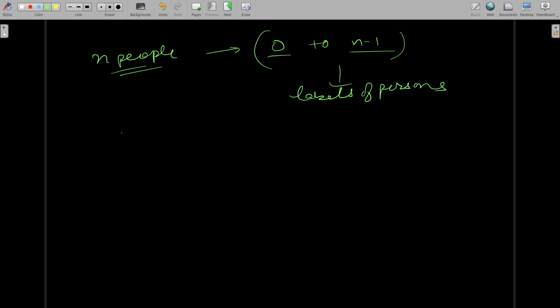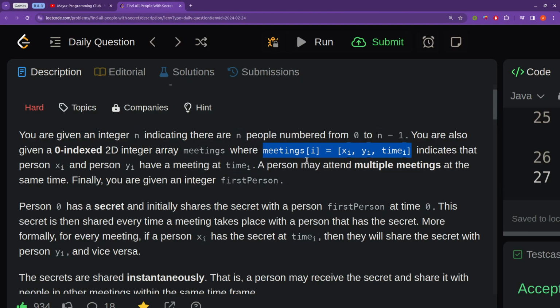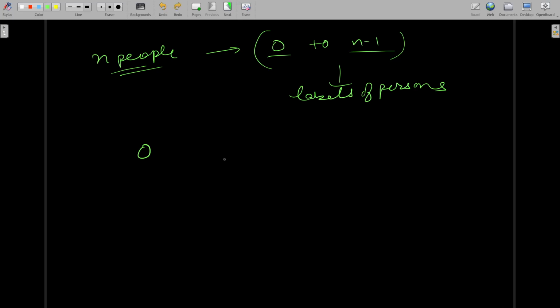So these people are to have meetings, okay, at certain points with each other. Okay, so in a meeting you are given a meetings array, okay, which is having the following type of entries: x, y, and then there is time.